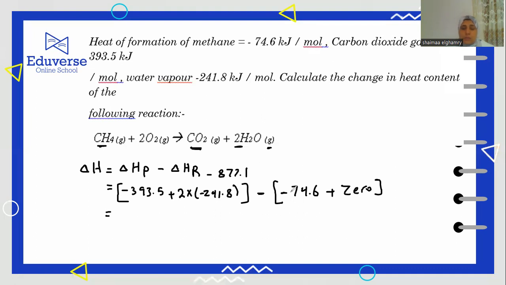Here, minus minus is positive, so plus 74.6. So the result will be negative 802.5 kilojoule. Delta H here has a negative value, so the reaction is an exothermic reaction.